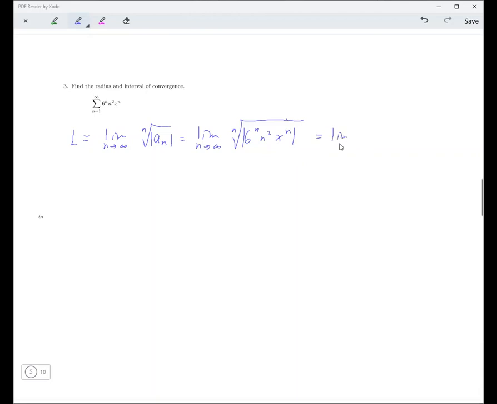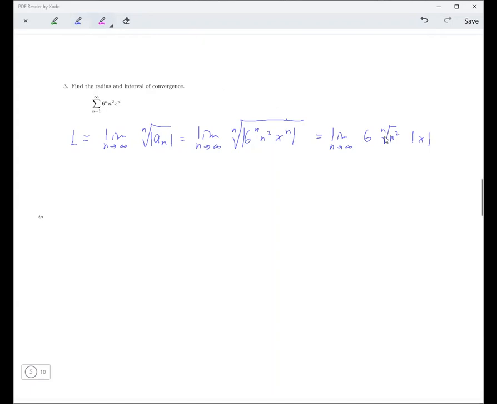Okay, so you have the limit as n goes to infinity. Now you're taking the nth root, so that's going to be a 6. Then you have the nth root of n squared. And the nth root of the absolute value of x to the n is just going to be the absolute value of x.